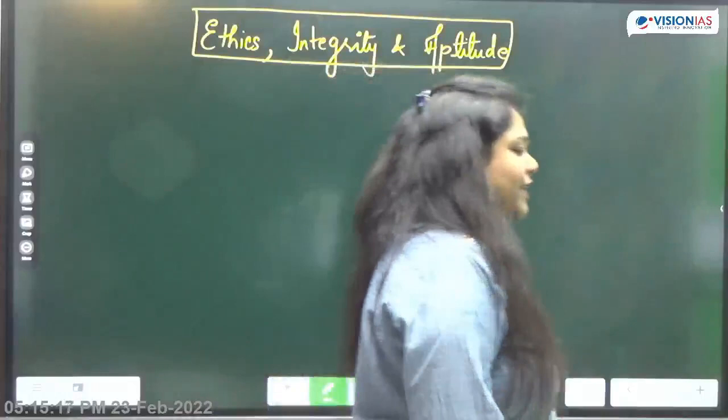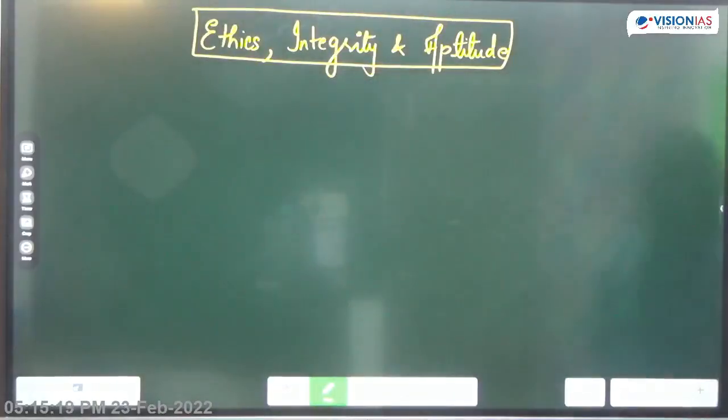These are the 3 words which are mentioned in this section: ethics, integrity, and aptitude. There are 3 terms. Without giving me the academic definition, can you tell me what these words stand for?